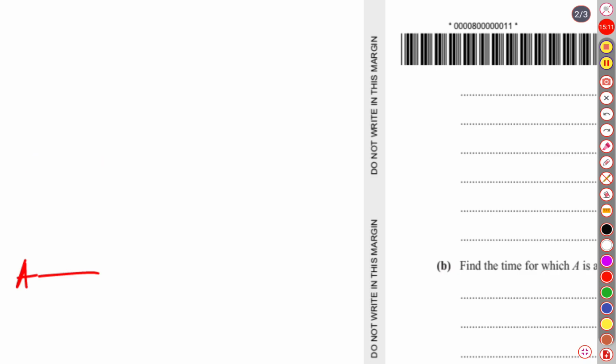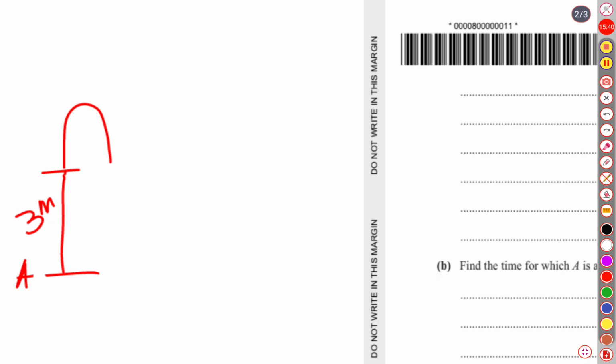When B reaches the ground, A is at this point, so this height is 3 meter. After that, A was moving upward, and at one stage it would come down, surely coming down, because there is no driving force acting on A at all.